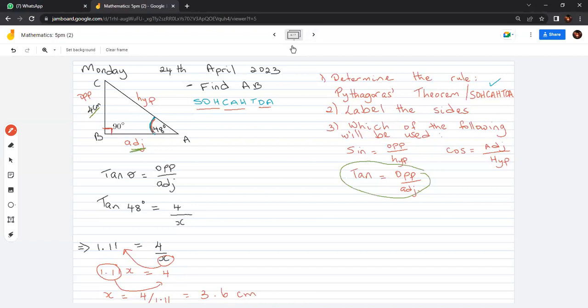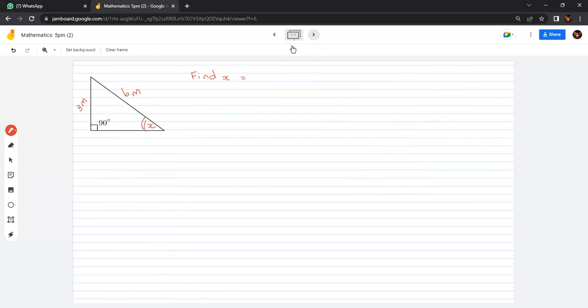Now in this case, there is an angle being considered, whether they gave you the value or they asked you to find the value of it. So in this case, because an angle is being considered in the question, we are going to use SOHCAHTOA.